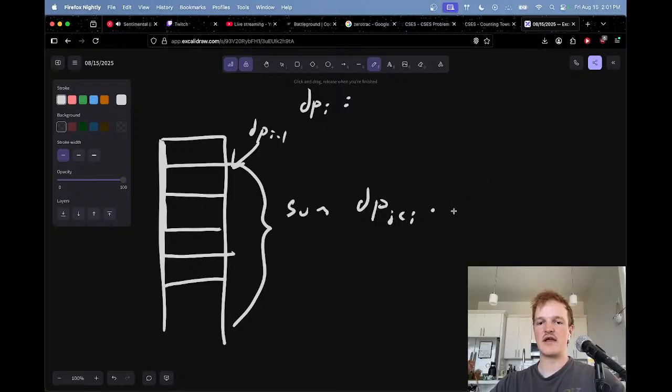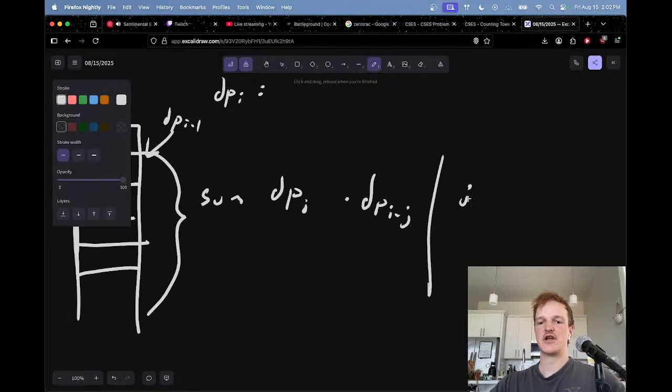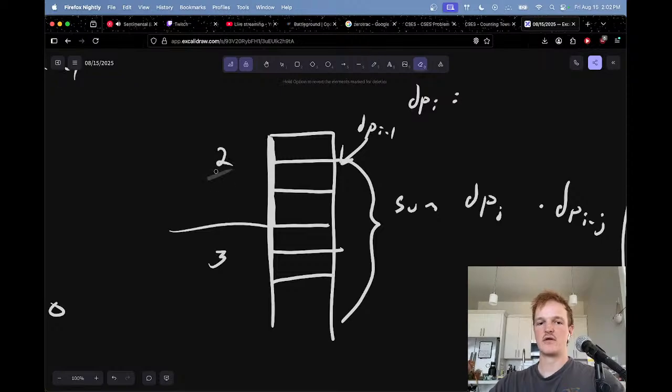So it's going to be like dp at i minus j, such that j is less than i. So you'd say, okay, draw the partition here. So it's going to be dp at 2 times dp at 4, and then dp at 3 times dp at 3.